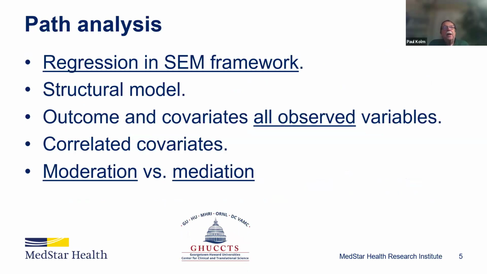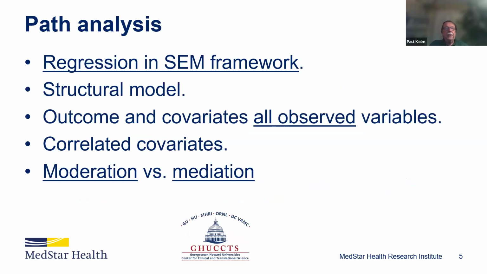The first thing I want to talk about is path analysis, which is basically just doing regression in the SEM framework. So we're going to have a structural model, but the thing about path analysis is that all of the variables, both the outcome variable and the covariates, are all observed. That is, there are variables that you have some actual measurement on.